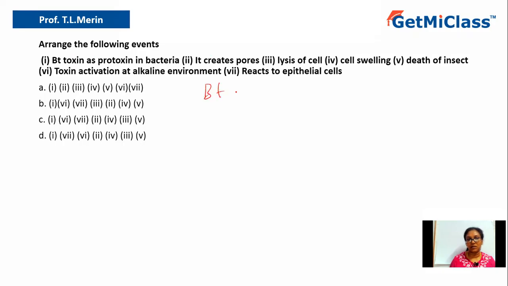We know that Bt toxin is actually derived from a bacteria which is called Bacillus thuringiensis. Now, the Bt crop will be having the gene for this particular protein.